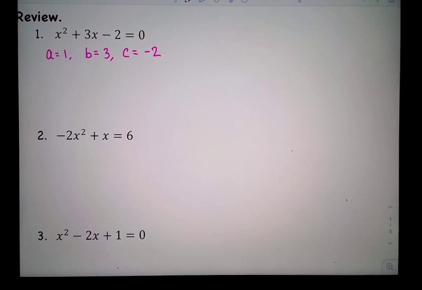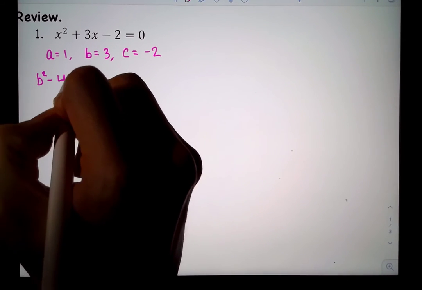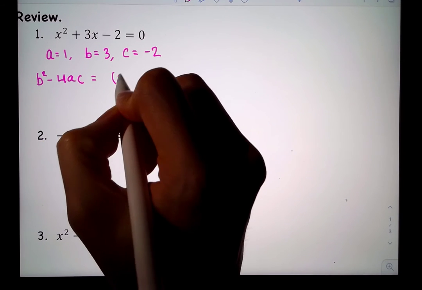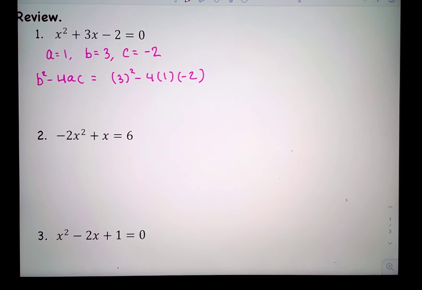I want you to do the inside of the radical first, so I'm going to do b squared minus 4ac. That is 3 squared minus 4 times 1 times negative 2.